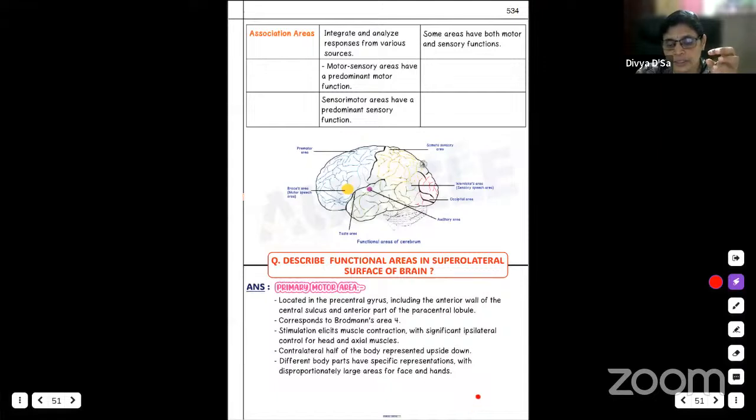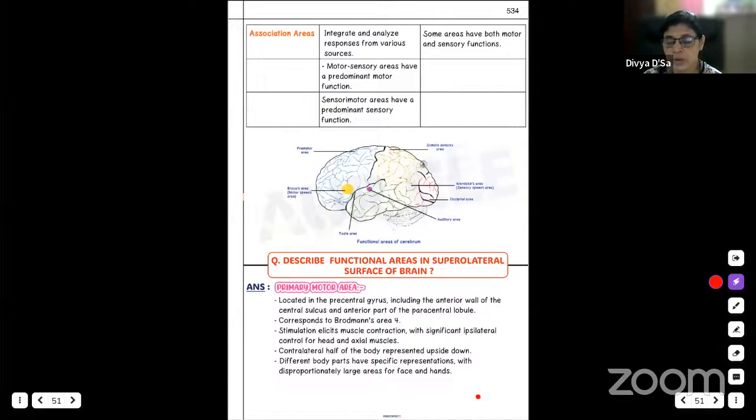Stimulation of this area will induce muscle contraction, with ipsilateral control for the head and axial muscles. So it basically controls the head and axial muscles. For the contralateral side, the opposite half of the body is represented upside down.